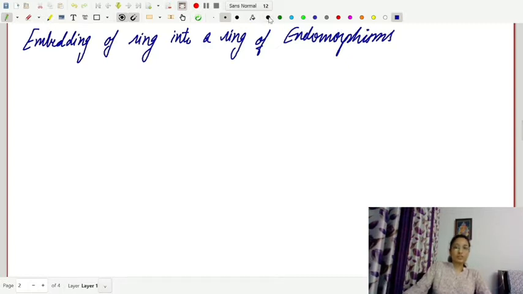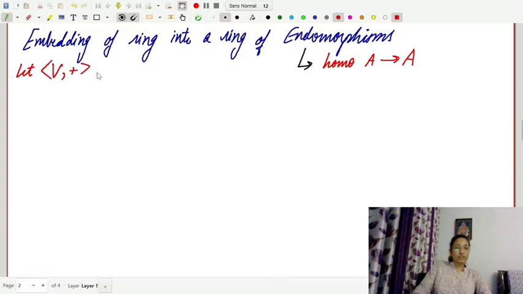Now endomorphisms basically क्या होते हैं? It is a homomorphism from A to A, right? Now let V under addition be an additive group.